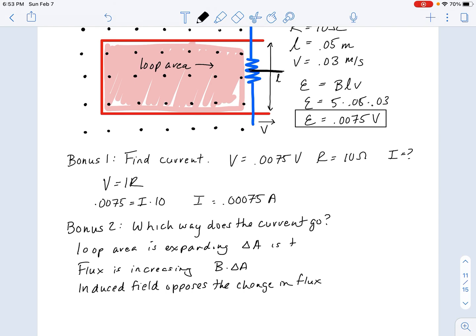So as we pull on this resistor, we have to do work.